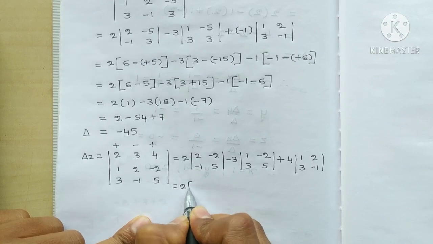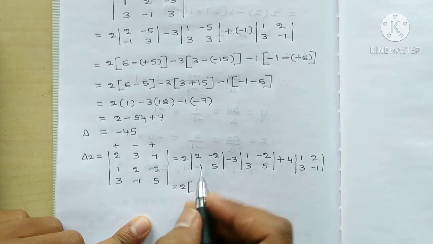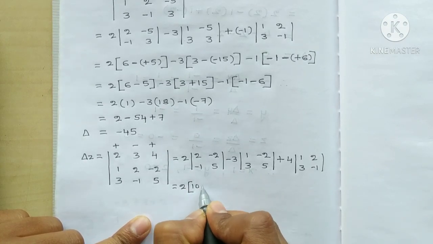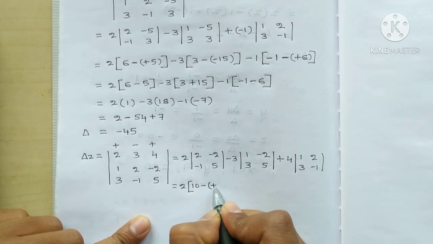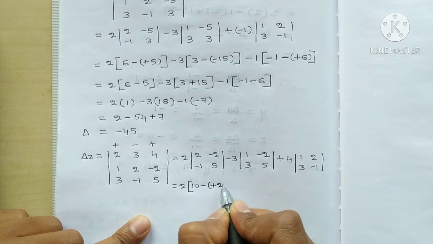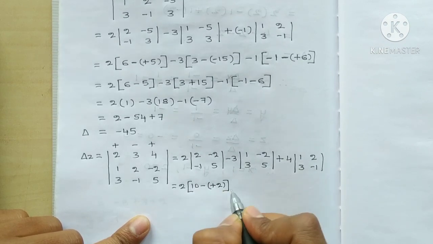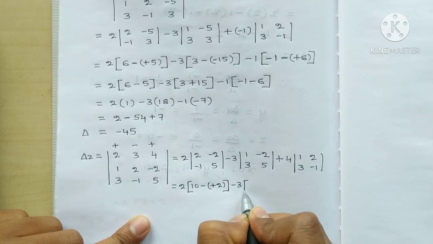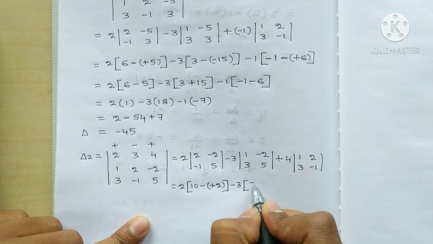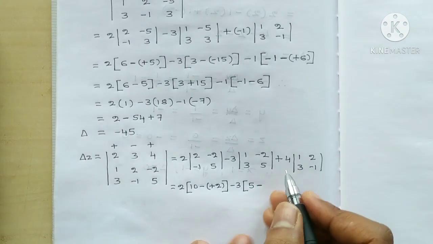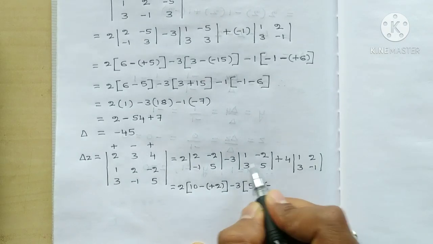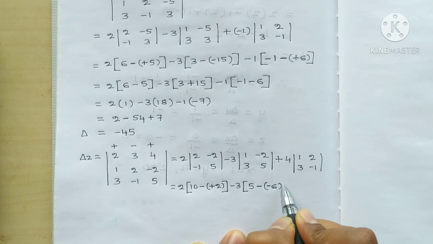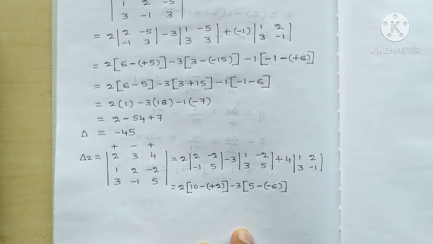So 2 into bracket, 2 into 5 is 10, minus, again in bracket, minus into minus is plus, 1 into 2 is 2. Next, minus 3 into bracket, 1 into 5 minus. Next, plus into minus is minus, 3 into 2 is 6.